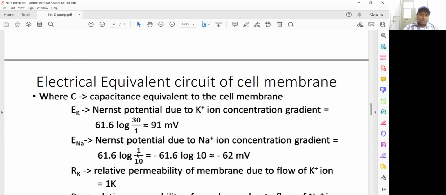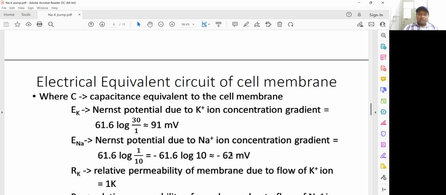See over here, due to the polarity constraint, we have mentioned this is the inside, outside. By application of logarithm base 10, we got minus 61.6 log 10. That means minus, approximately equal to 62 millivolt.